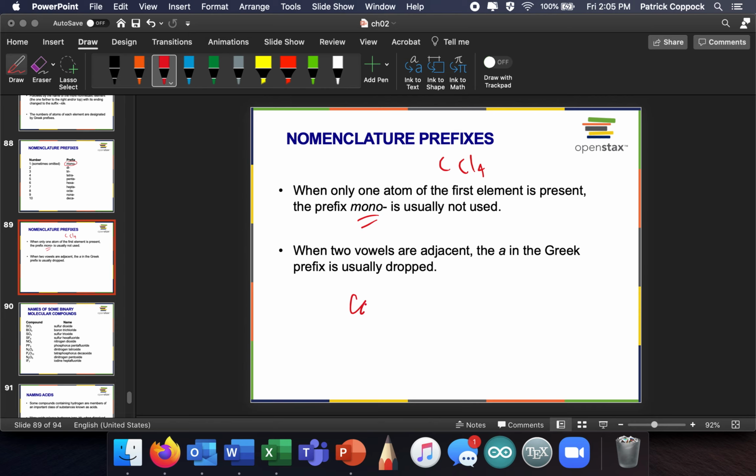For example, let's use CO. This would be carbon, oxygen, oxide, right? Carbon, and we would say monoxide, but we get rid of that letter there. So we would say carbon monoxide. Can you see that? Carbon monoxide.